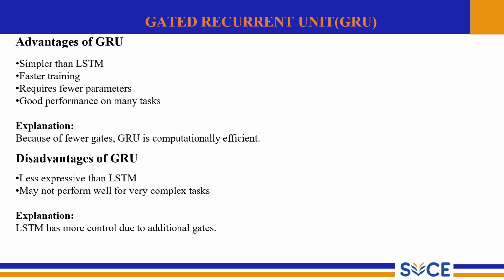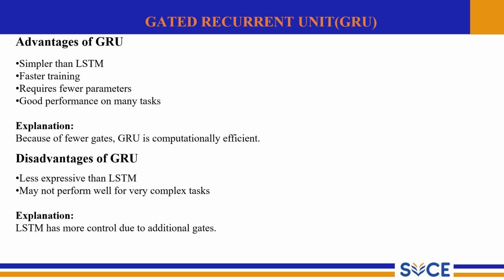And next one is good performance on many tasks. Despite being simpler, GRU performs very well in a wide range of sequence modeling tasks. It has been successfully used in speech recognition, time series forecasting, natural language processing, and in many cases its performance is comparable to LSTM.